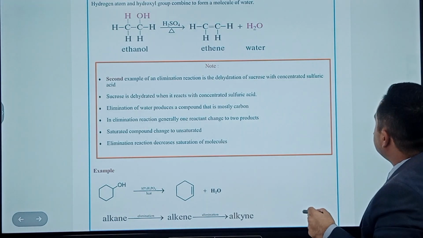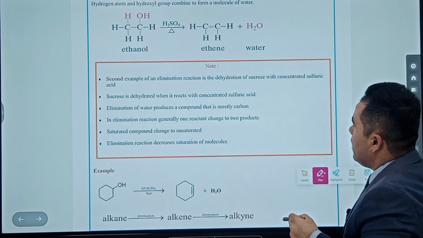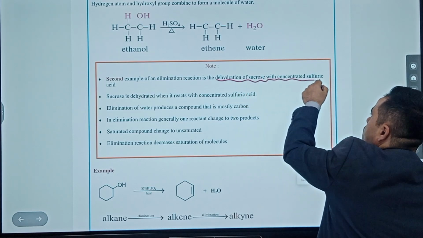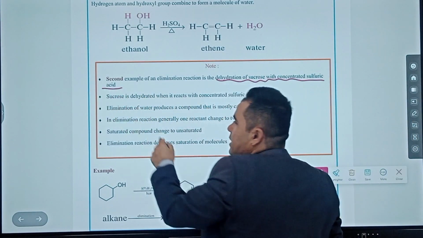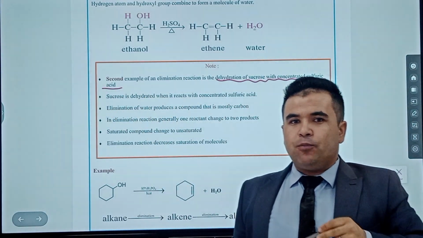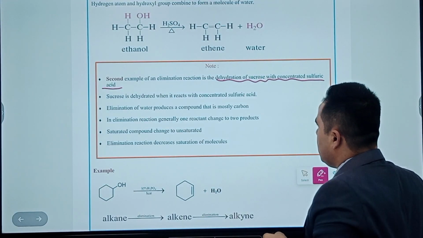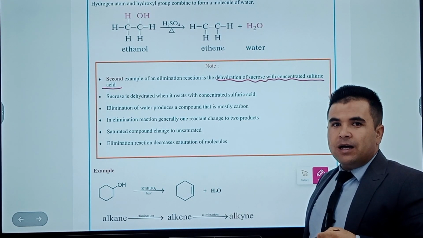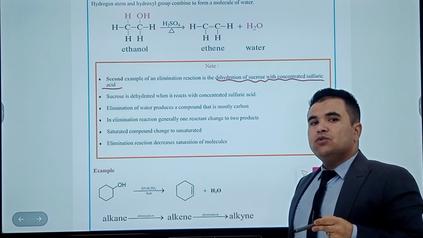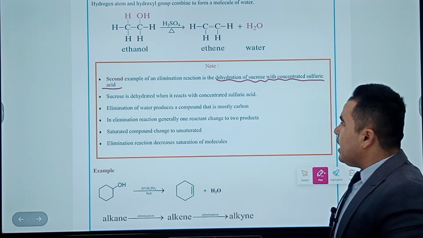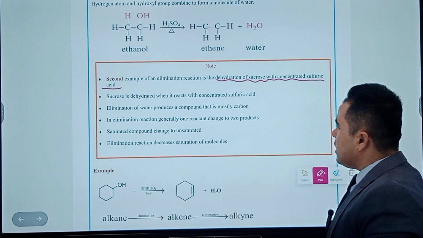The second example of elimination is the dehydration of sucrose, a sugar, with concentrated sulfuric acid. We talked about this in the properties of the acids in chapter 2. The sulfuric acid has a tendency to dehydrate the sugar, and that dehydration is an elimination reaction, in which the compound becomes more unsaturated.